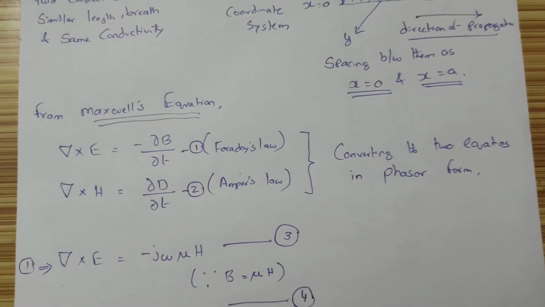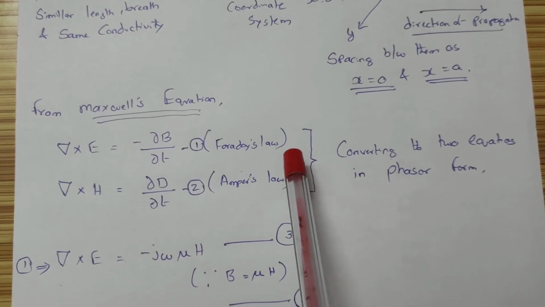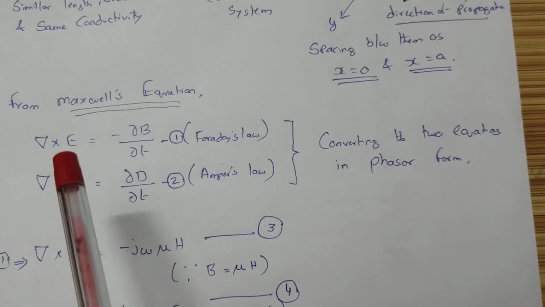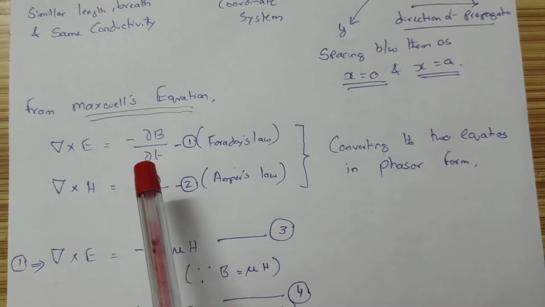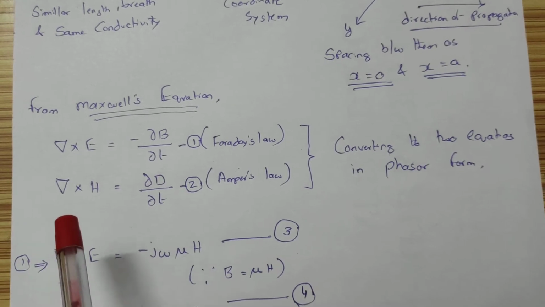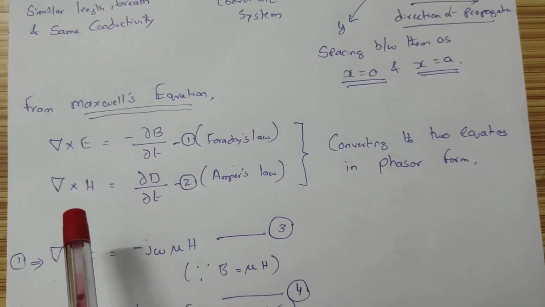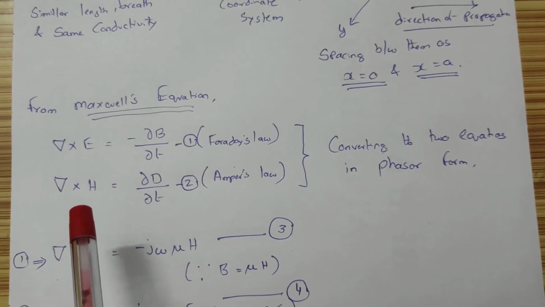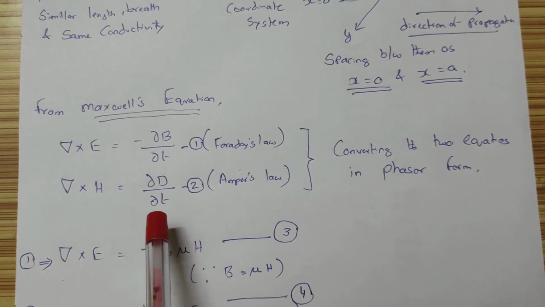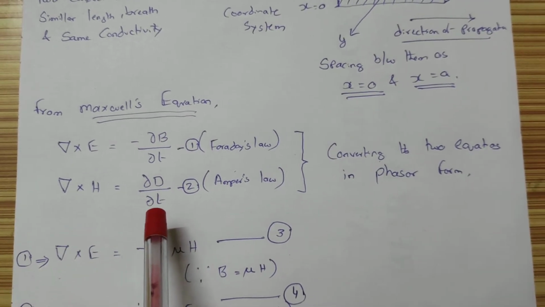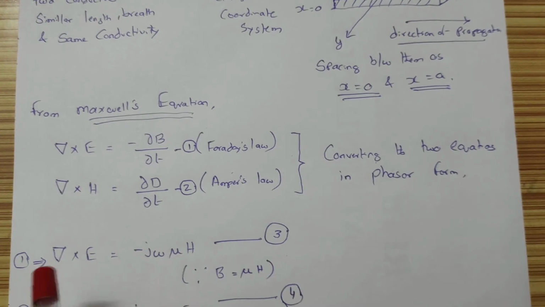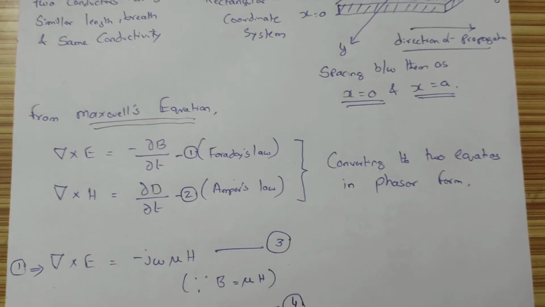You have the first equation, that is Faraday's law, where del cross E is equal to minus dou B by dou T. And the second equation is from Ampere's law, that is del cross H is equal to dou D by dou T. Okay, now based on these two equations, we are going to start our derivation.